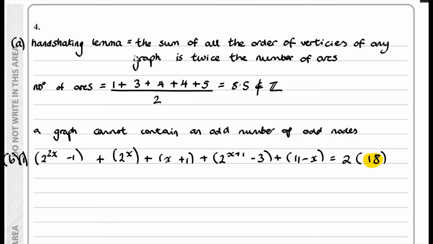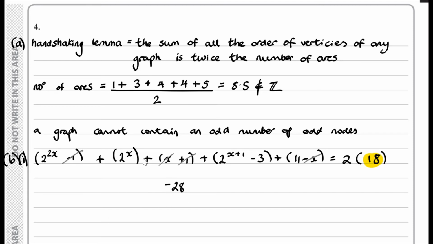Okay, so we can tidy all this up a bit. First of all we have plus x minus x, and also minus 1 and plus 1 cancel. Now 11 minus 3, that's 8, and then 2 times 18, then minus the 8, that's 28, and if we take that over to the other side, we have minus 28.